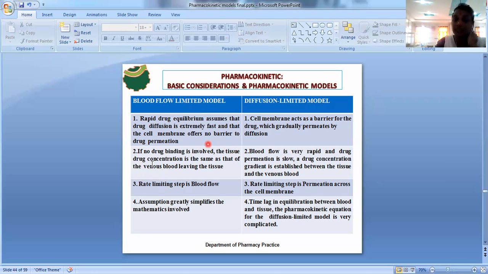And here, if no binding takes place in the blood flow, there is no protein binding. When there is no macromolecular size, no high molecular size, what will happen?